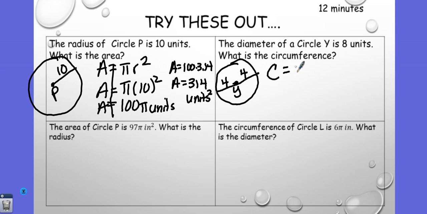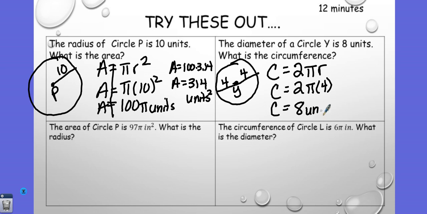So circumference equals 2 pi r, so C equals 2 pi 4. So that means the circumference is 8 pi units, or you can go and do C equals 8 times 3.14. So C equals 25.12 units.